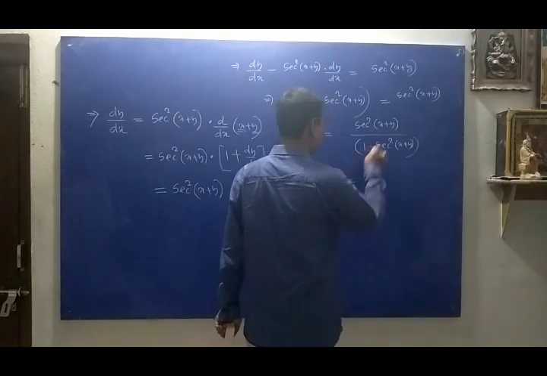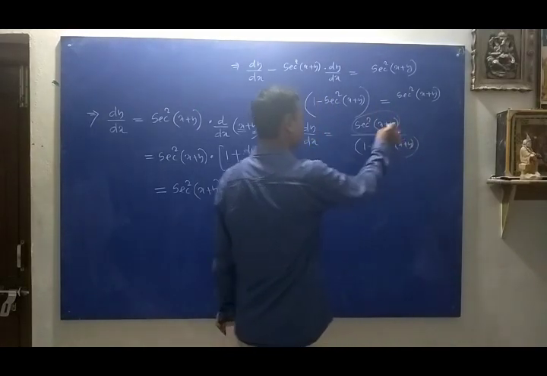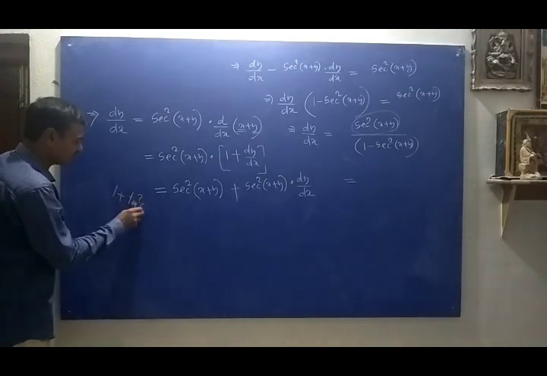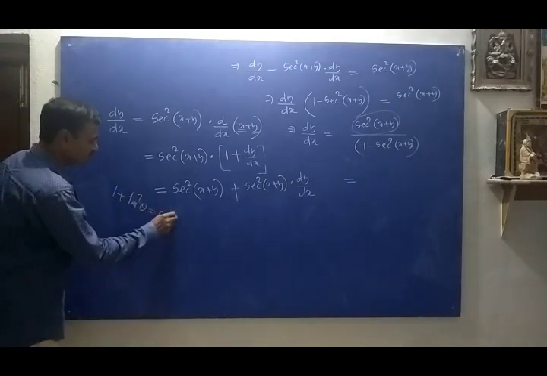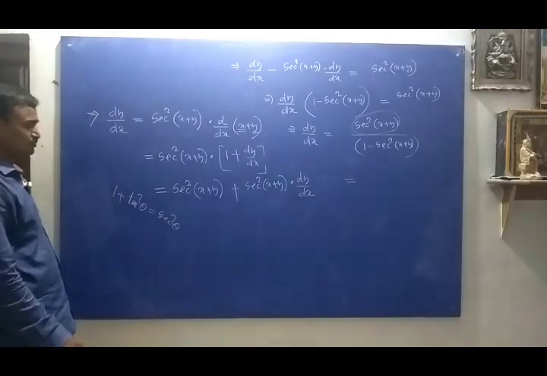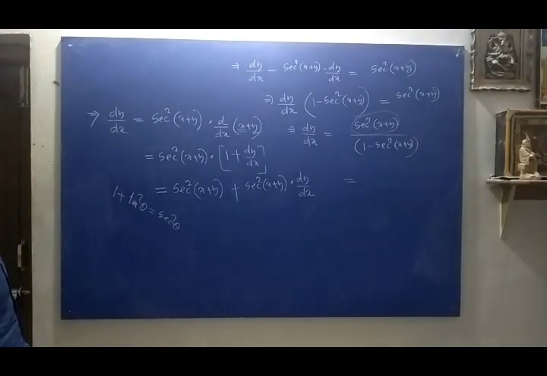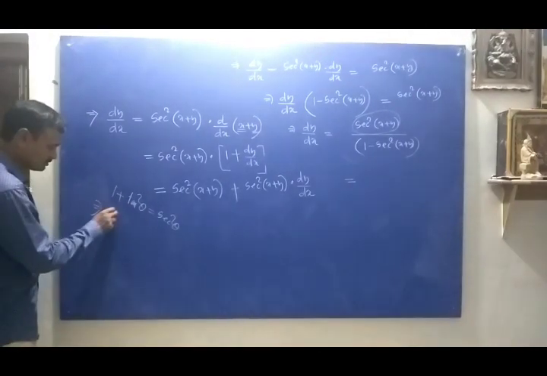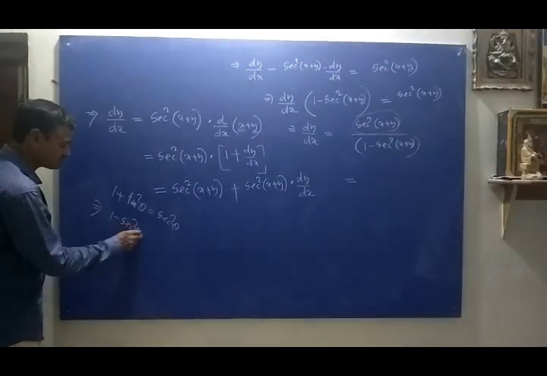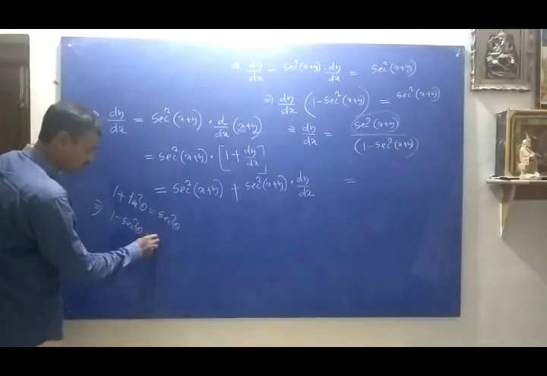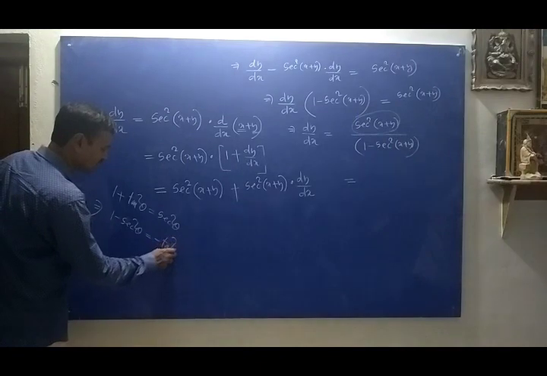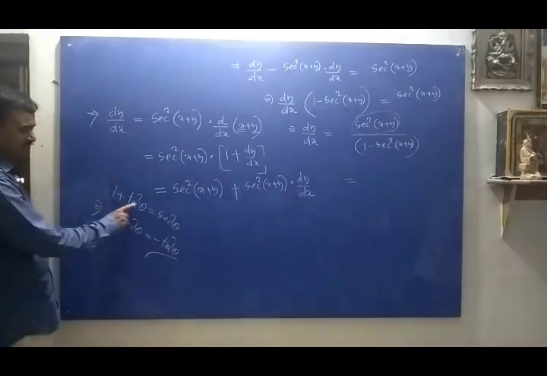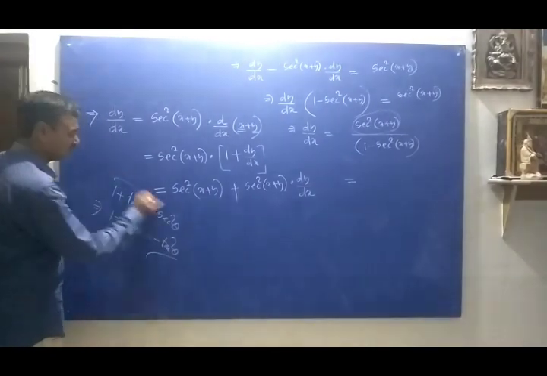So what is the sec square theta formula? 1 plus tan square theta is equal to sec square theta. So this implies 1 minus sec square theta is equal to minus tan square theta.